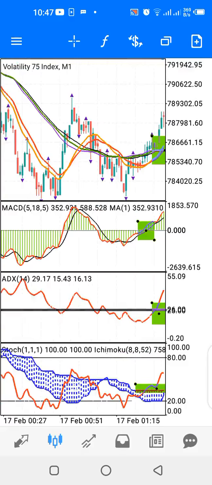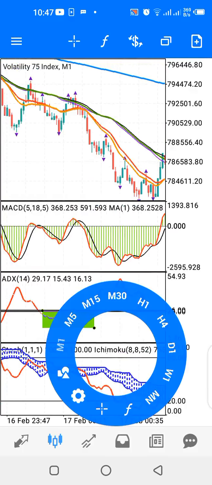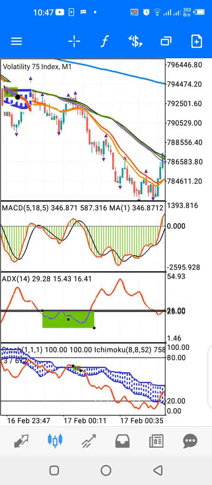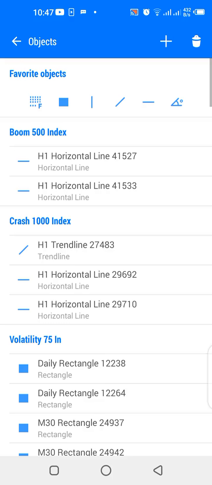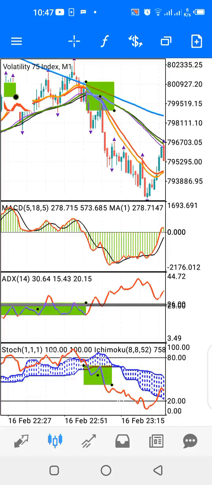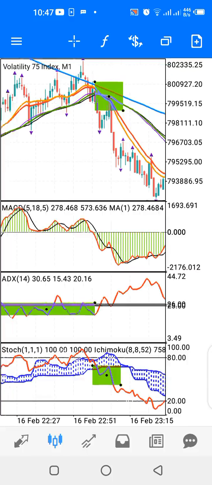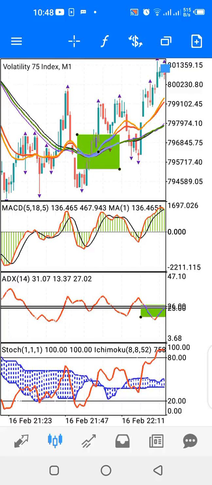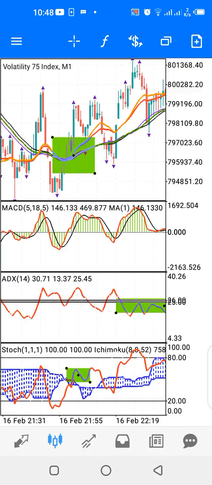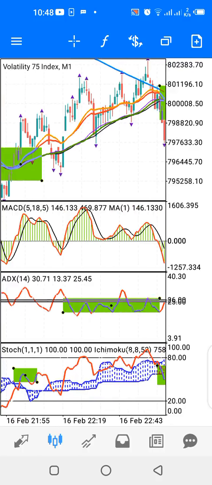You have a sell here. I have another sell. I have a buy here. All right. So that's basically how to use the indicators on indicator window 3.